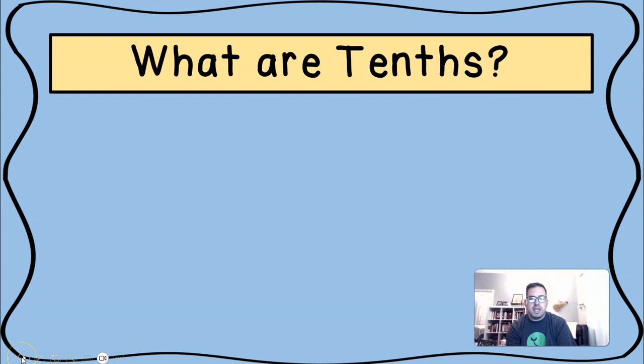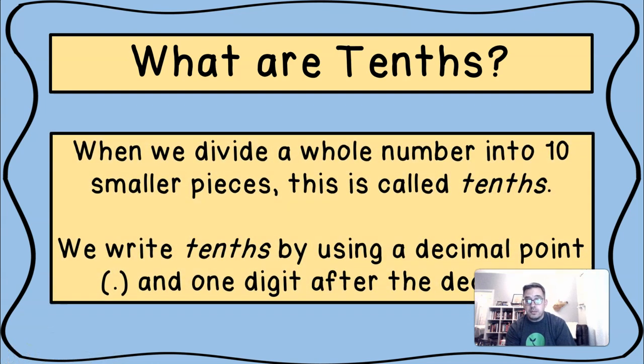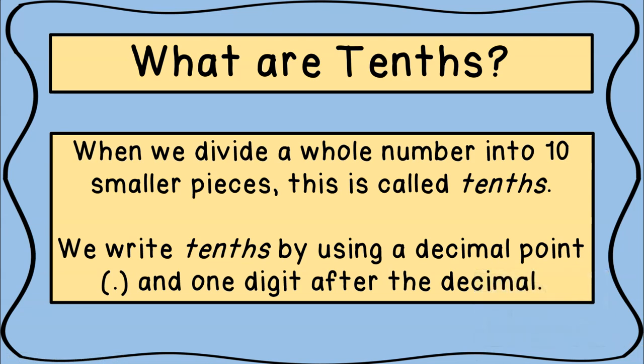So the first question we ask ourselves is, what are tenths? When we divide a whole number into 10 smaller parts, this is called tenths. We write tenths by using a decimal point, which is a dot, and 1 digit after the decimal place.